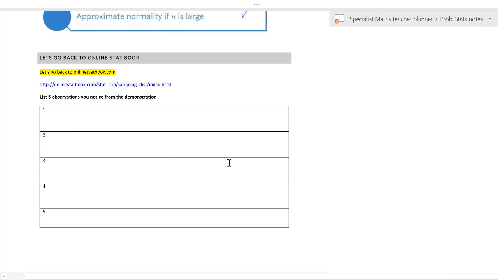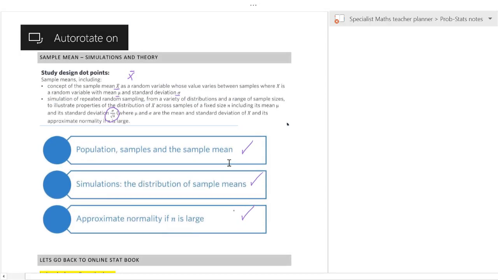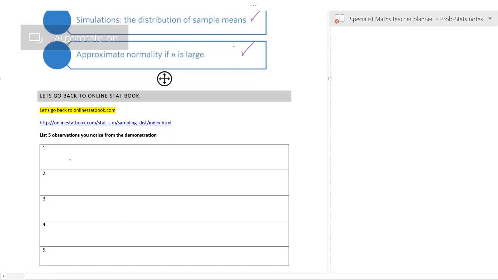Okay, so hopefully you can list 5 of the observations. We can first of all say that the population mean mu stays the same.